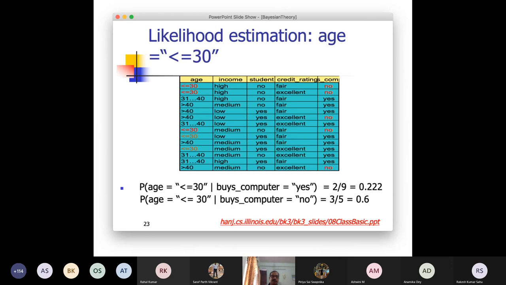Now you have to individually find out, given that class, how many are occurring there. Since there are 9 occurrences of yes, out of 9, only 2 are less than or equal to 30. So likelihood would be 2 by 9. And similarly, likelihood for the class yes. Is it clear?